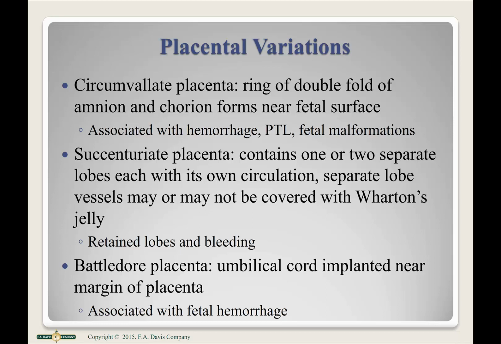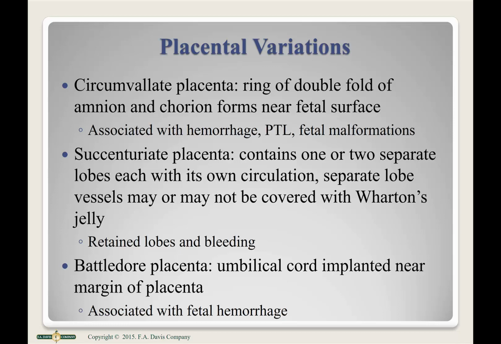It's just a double fold of the amniotic fluid membranes, the amnion and chorion. That's what the amniotic fluid membranes are. And that's very similar to the velamentous insertion, so the patient's also at risk for a massive hemorrhage.